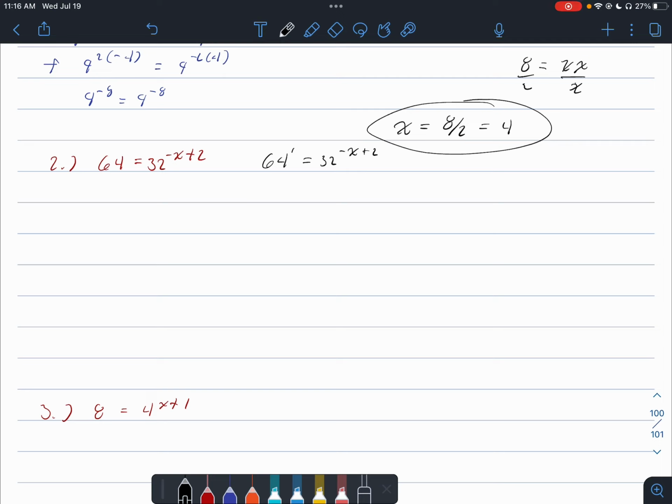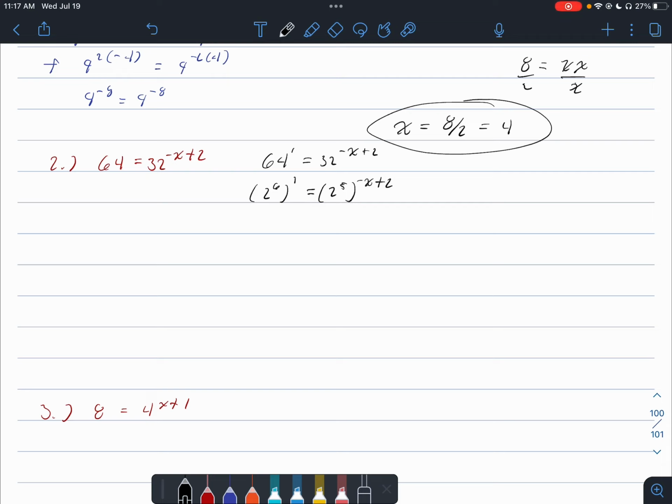But one of the things that's really nice is that each of these does have something in common. They both can be written as 2 raised to something. 64 can be written as 2 to the 6 raised to the first, and 32 can be written as 2 to the 5th raised to the negative x plus 2.